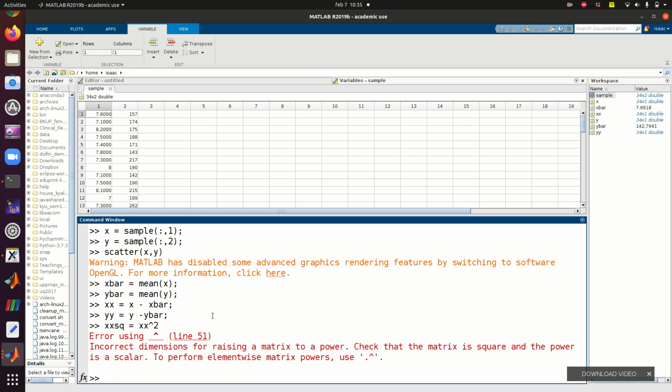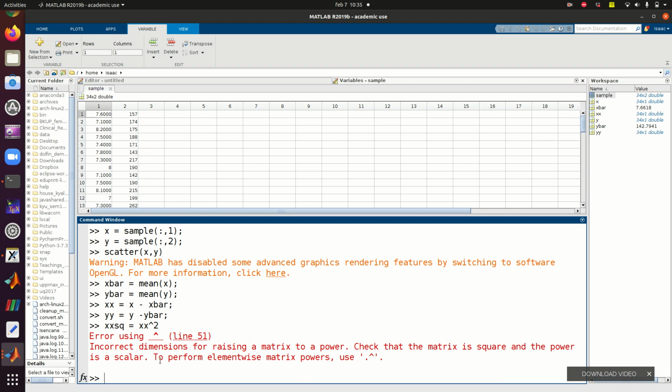That is going to give us an error, because xx is a column vector, and from your linear algebra the dimensions are not going to agree. What we mean by xi minus x bar squared is that we square each value, pointwise.